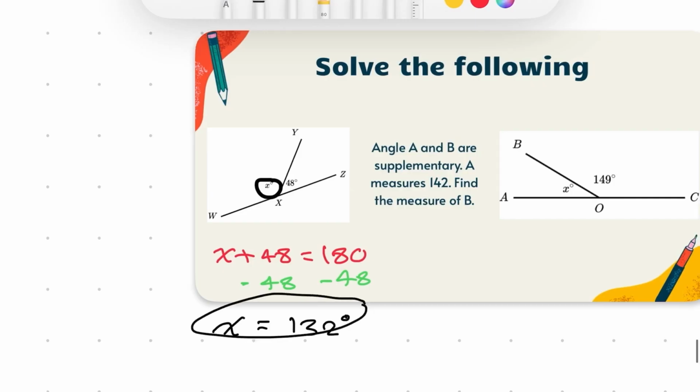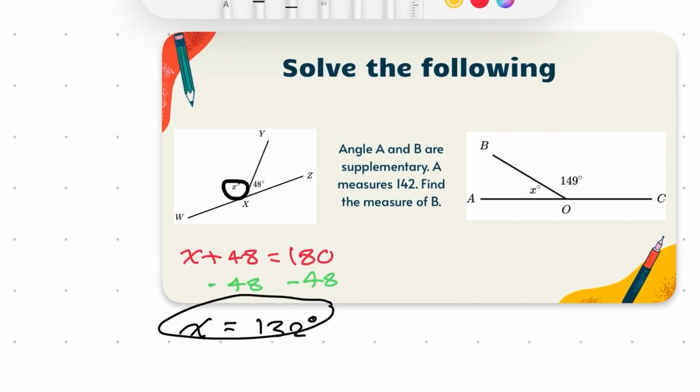Let's move on to the next problem. In this case, we do not have a diagram. We're given that angle A and B are supplementary. A measures 142, and we're asked to find the measure of angle B. So this is similar to the previous problem, except we don't have a diagram.